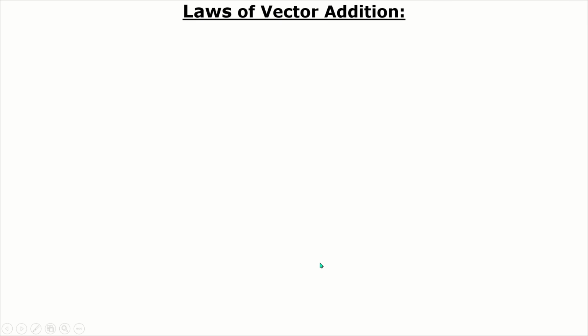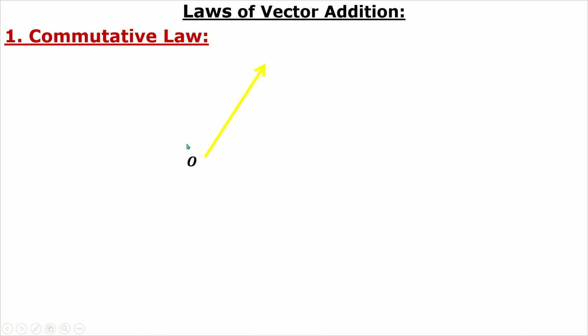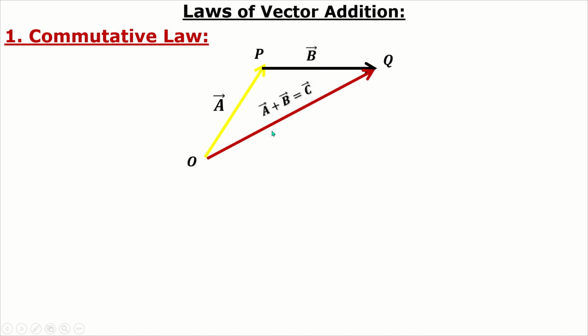Laws of vector addition, commutative law. By applying the triangle law, we can write A vector plus B vector equals OQ vector. So OQ equals A vector plus B vector, denoted by C vector.